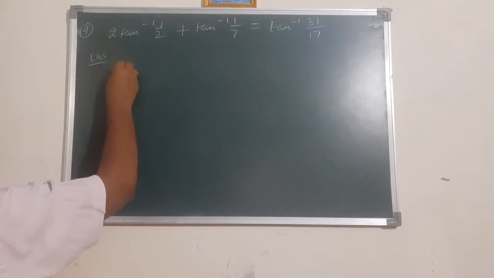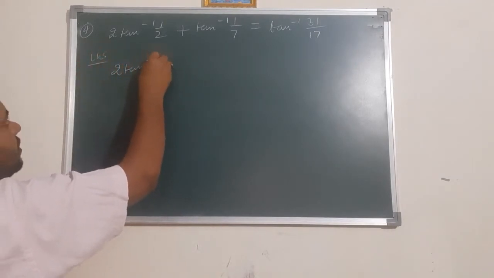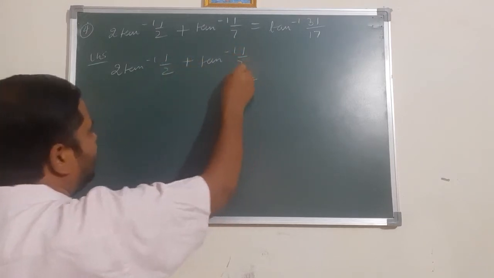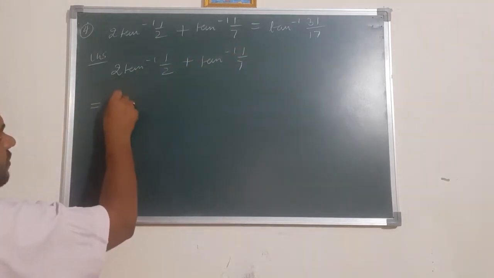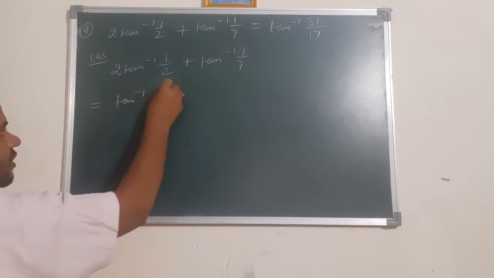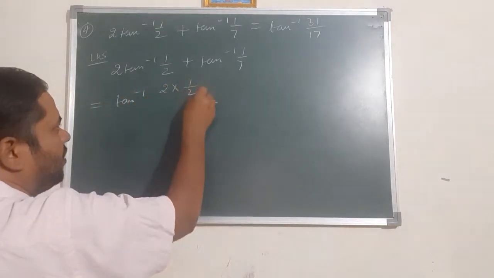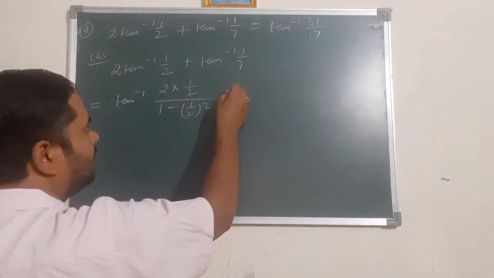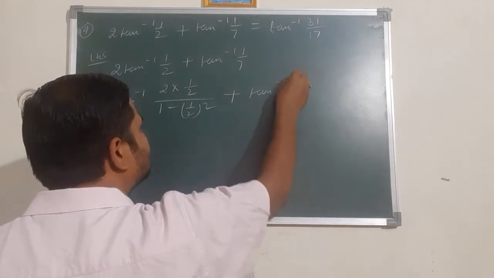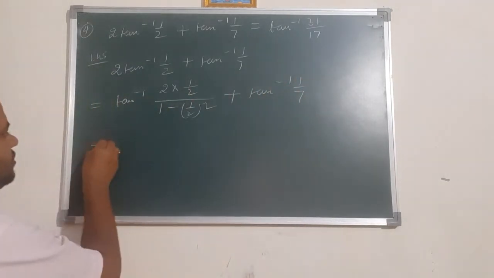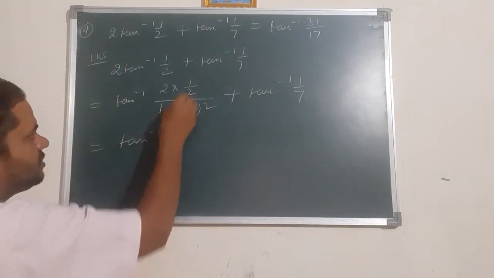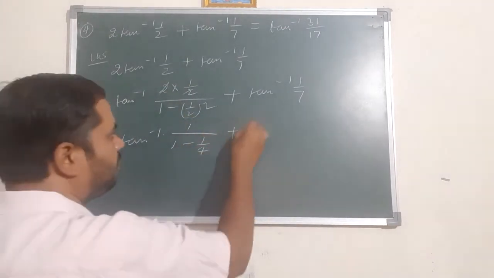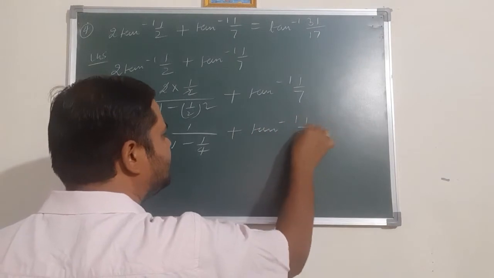I have to consider LHS: 2 tan inverse 1 by 2 plus tan inverse of 1 by 7. So in place of 2 tan inverse, we write tan inverse of 2 into 1 by 2, that is 2x, upon 1 minus 1 by 2 whole square, plus tan inverse 1 by 7. So this is nothing but tan inverse of 2 cancel, 1 upon 1 minus 1 by 4, plus tan inverse of 1 by 7.